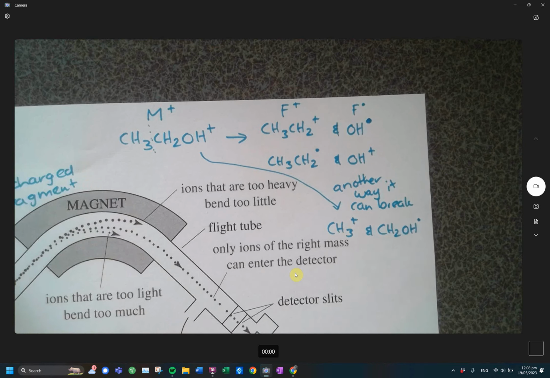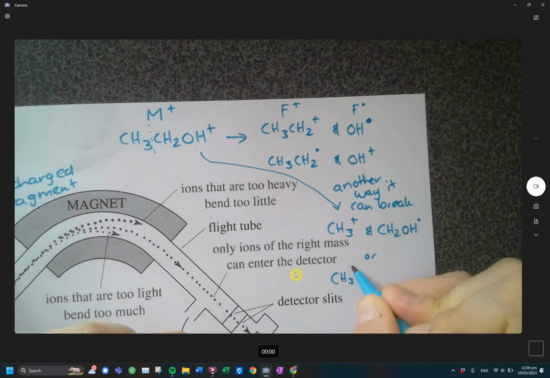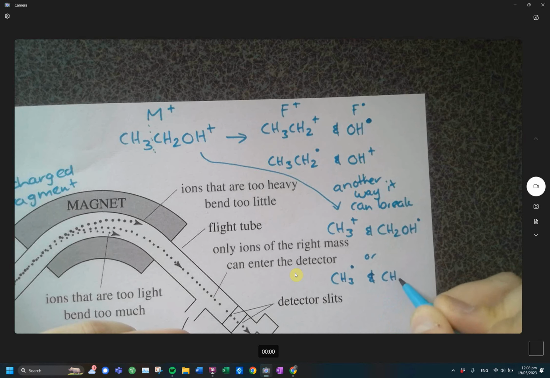Or it could happen the other way around, where that break happens and the CH3 doesn't get the charge, and the CH2OH gets the charge.